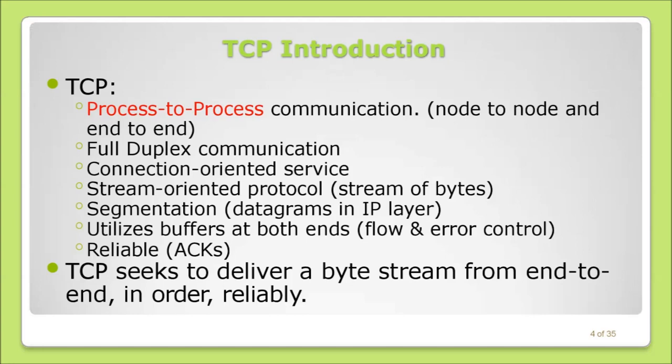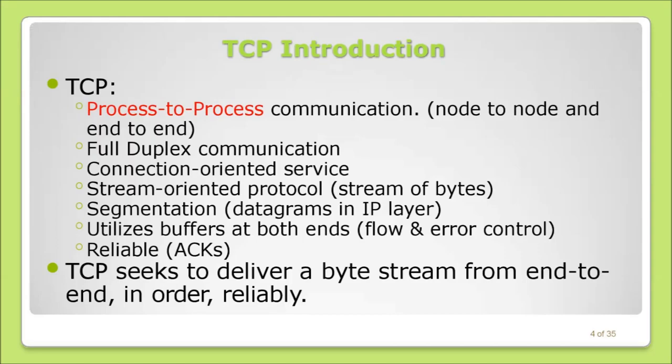Next is connection oriented service. For all services which are connection oriented, TCP is used. This is a stream oriented protocol. It means a stream of bytes will be transmitted at the same time. Next is segmentation.